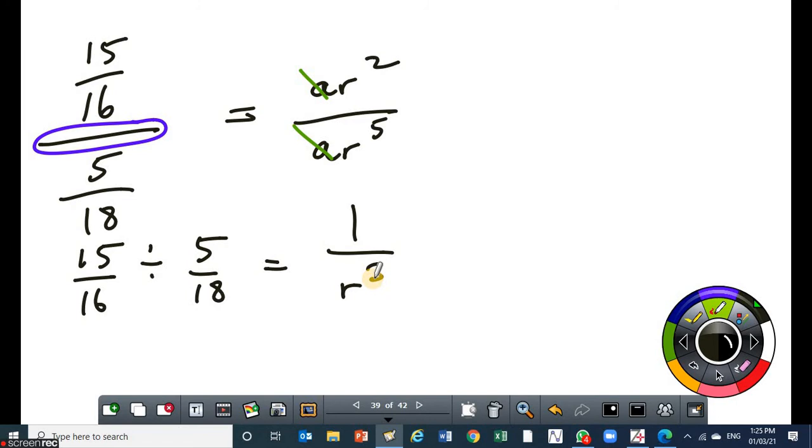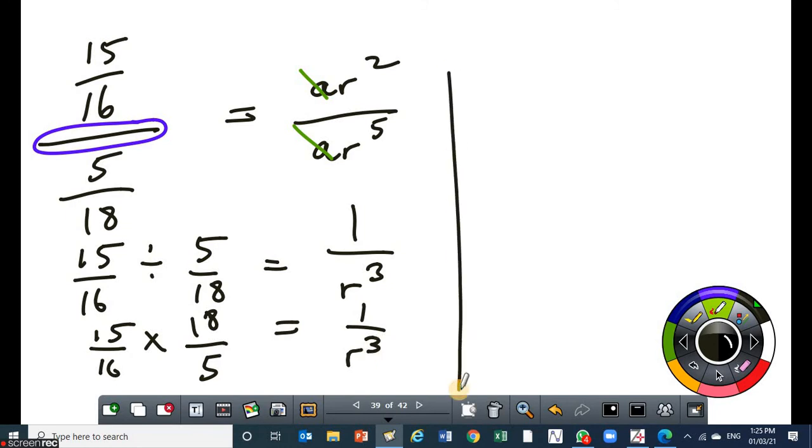3. Now on the left here, we can introduce multiplication and then invert those 2. So we end up having 15 over 16 times 18 over 5, which is going to be equal to 1 over R cubed.